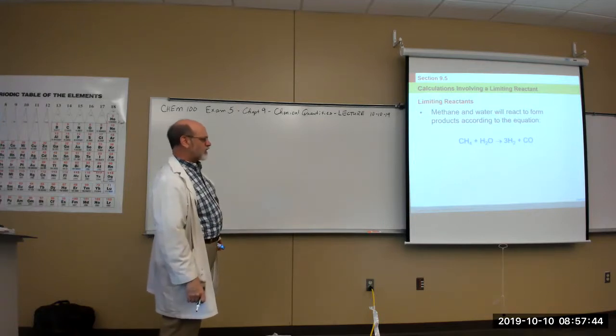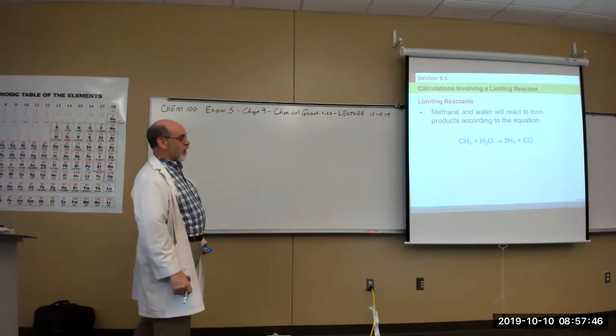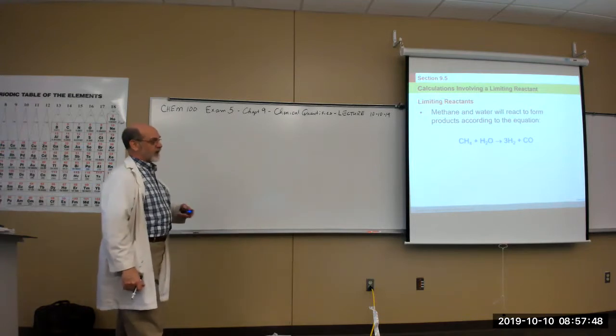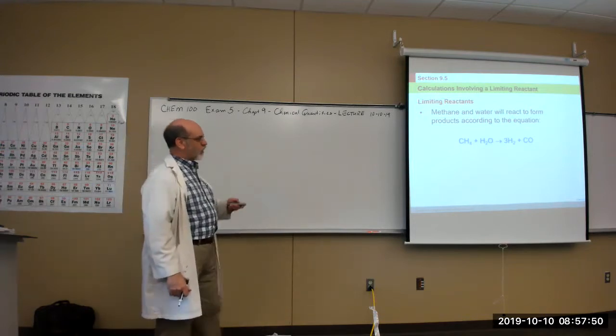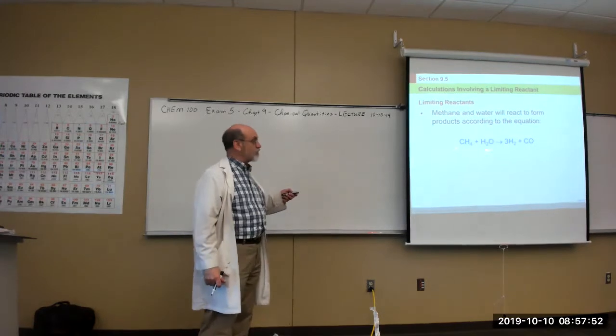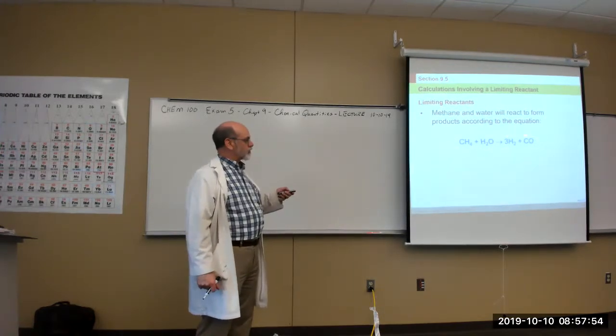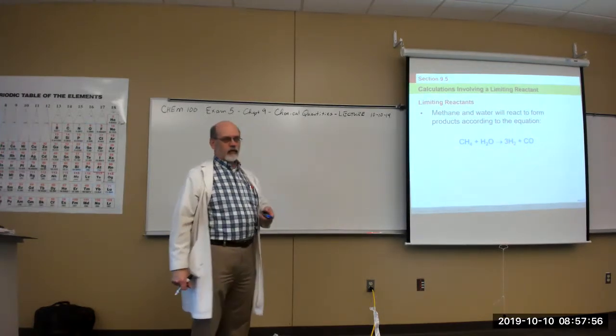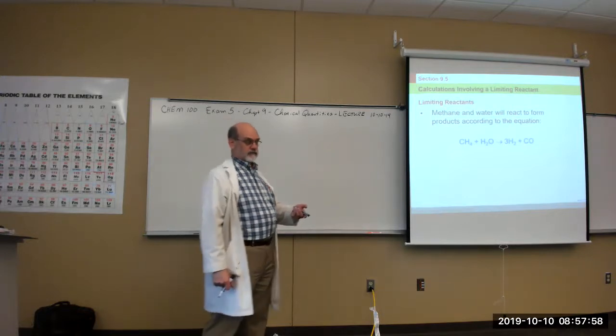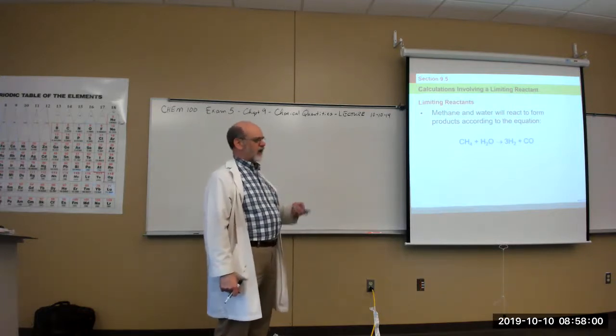We're going to combine methane with water to make hydrogen gas and carbon monoxide. This is one of the reactions that they use to produce hydrogen for fuel cells from methane. We got lots of methane.